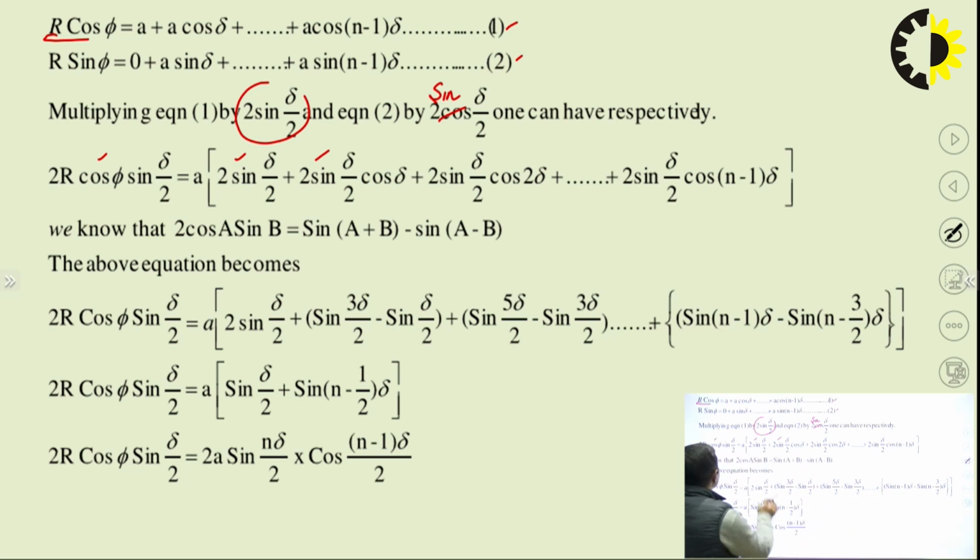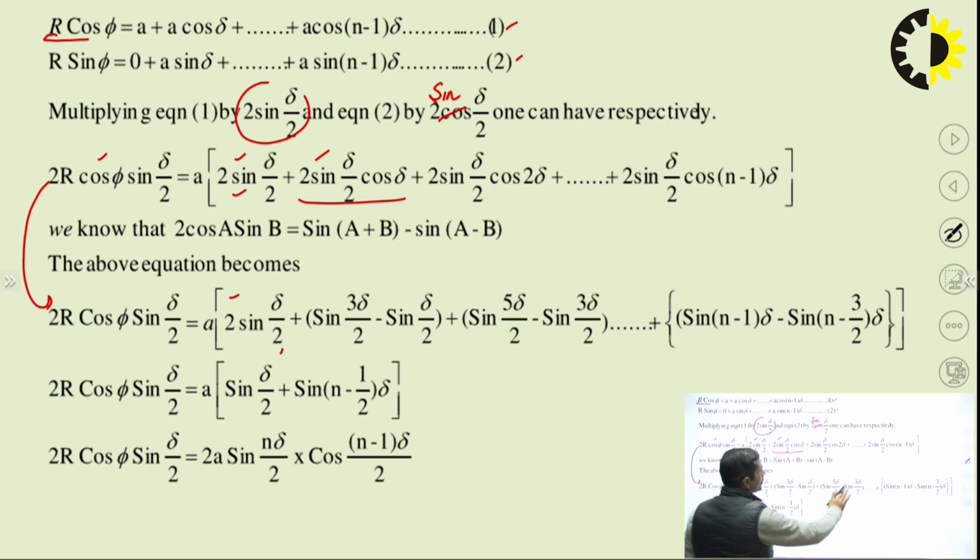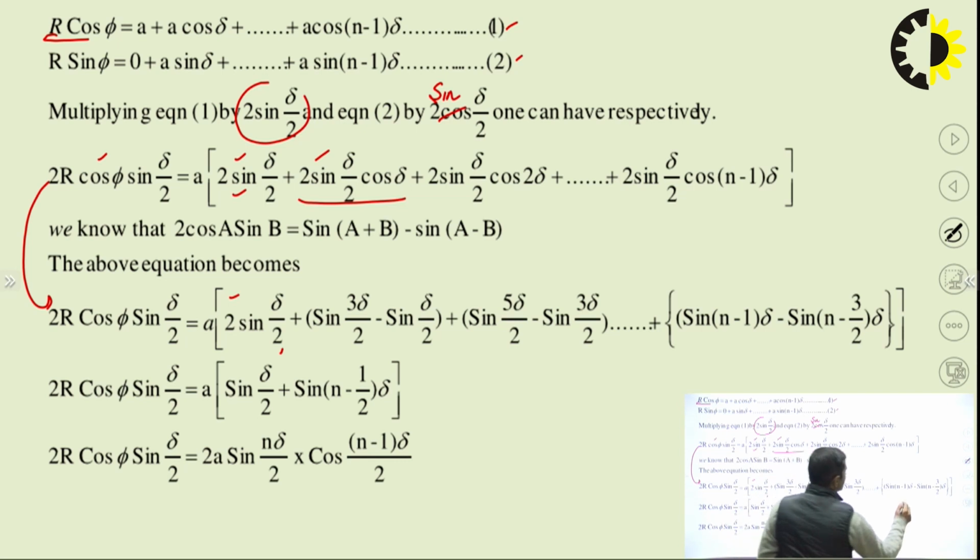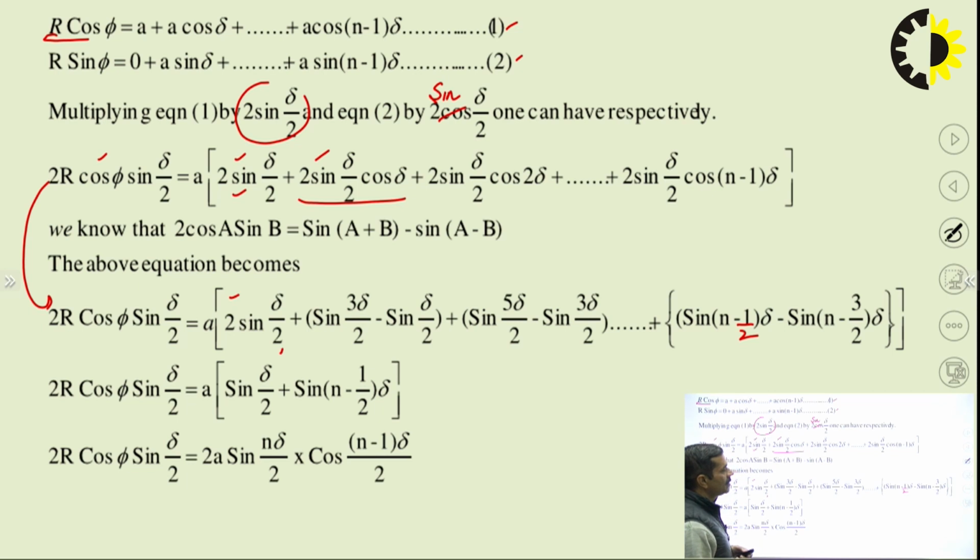Then by using the formula 2 cos A sin B equals sin (A plus B) minus sin (A minus B), we can simplify this expression. The first term remains the same, and applying this formula the next term becomes sin 3 delta by 2 minus sin delta by 2, and so on, and the last terms become sin (n minus half) delta minus sin (n minus 3 by 2) delta.